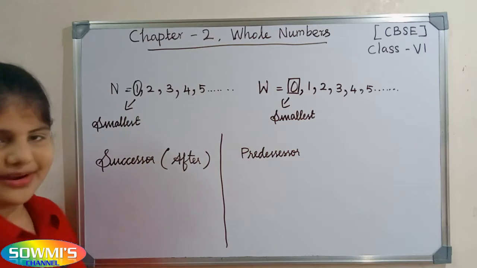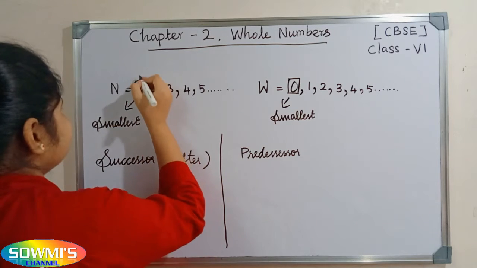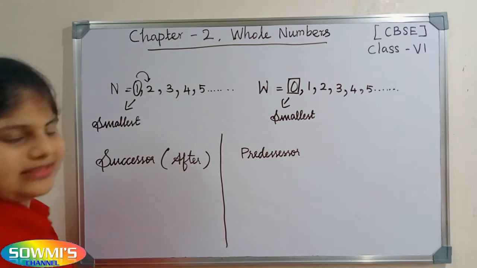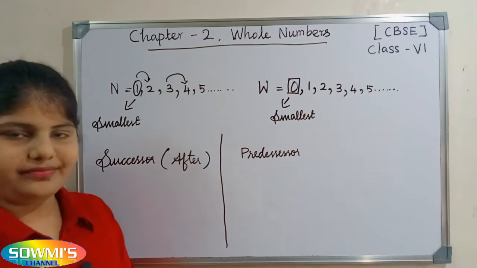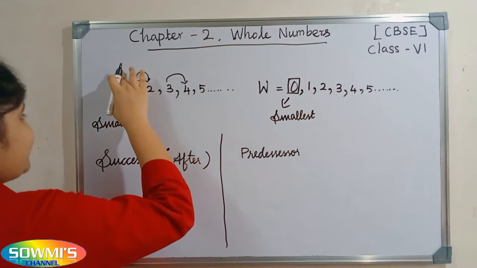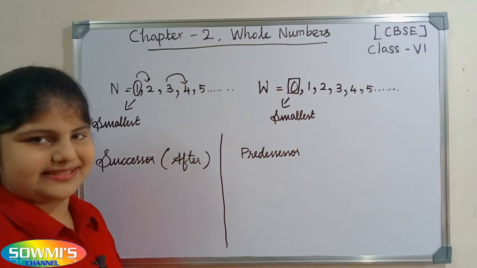Coming to the natural numbers, the successor of 1 is 2. The successor of 3 is 4. In natural numbers, all the numbers have a successor.